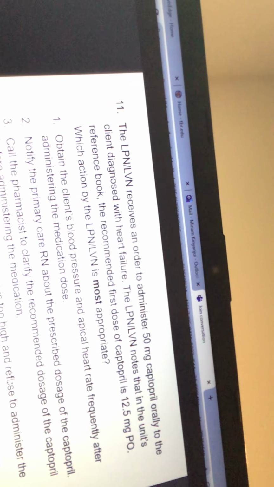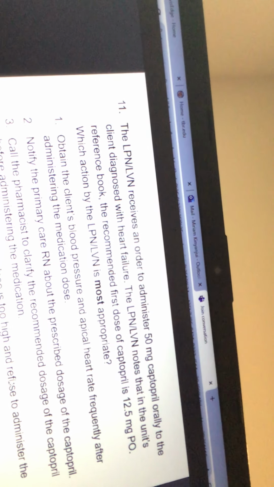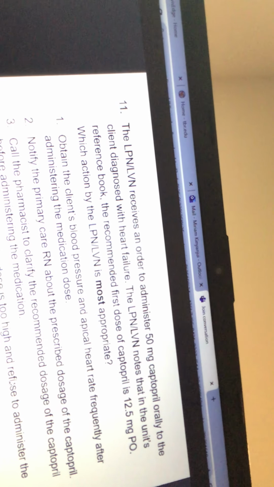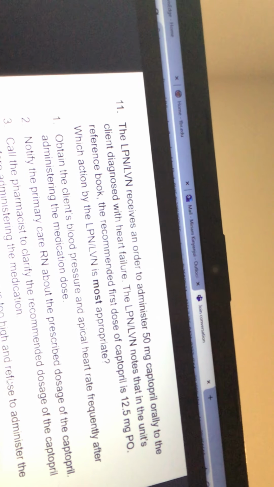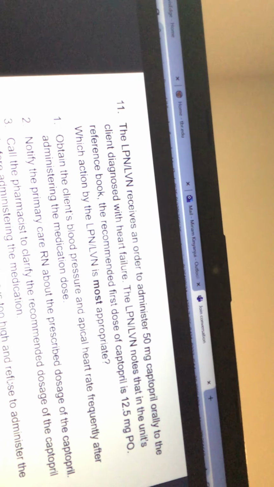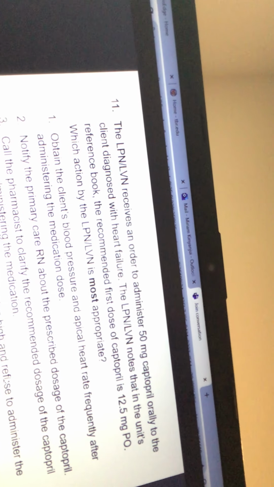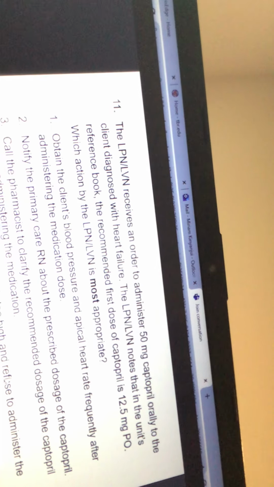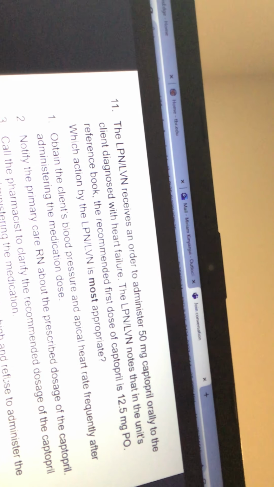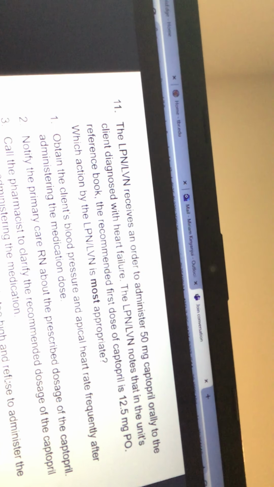So we're going to do our steps. Step 1, what is the topic? Medication, captopril. What about it? A dosing error, a concern or a question of the first dose amount.